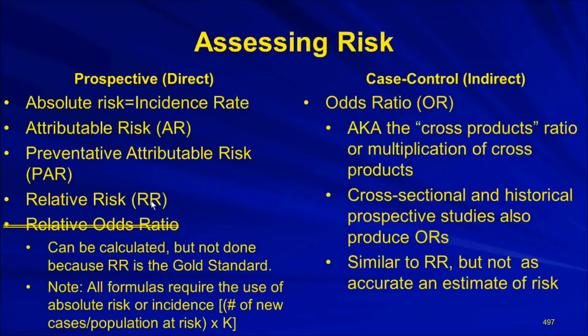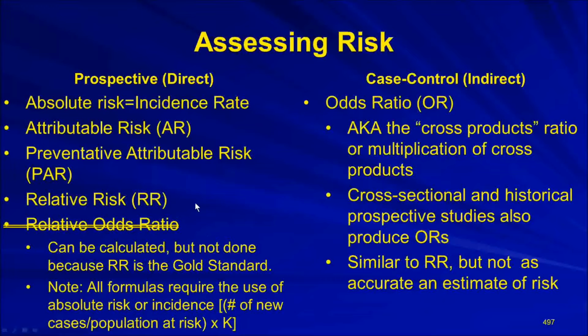Now, we could do a relative odds with a prospective study, but we don't calculate an odds ratio or a relative odds ratio because the Cadillac statistic that you get is relative risk. And frequently you hear about this on the radio, and most people don't quite know what it means, but you will, and you'll be able to interpret it.